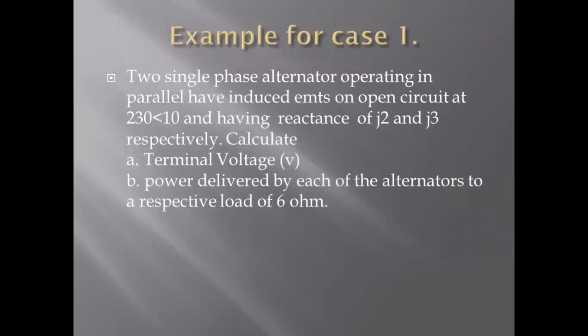Example for case number 1. Two single-phase alternators operating in parallel have induced EMFs on open circuit of 230 angle 0 and 230 angle 10, and having reactances of j2 and j3 ohms respectively. Calculate the terminal voltage and the power delivered by each of the alternators to a common load of 6 ohms.